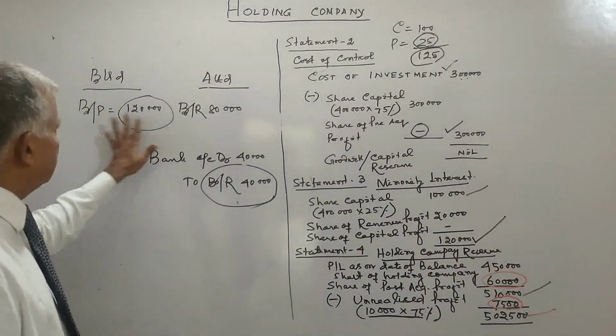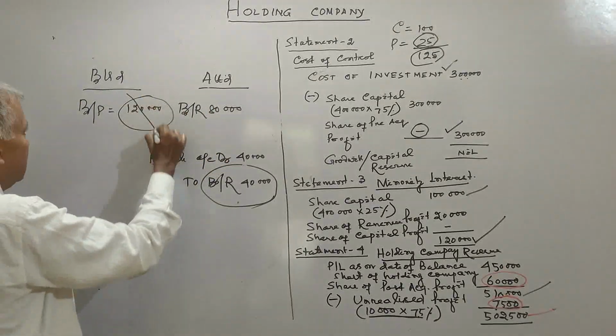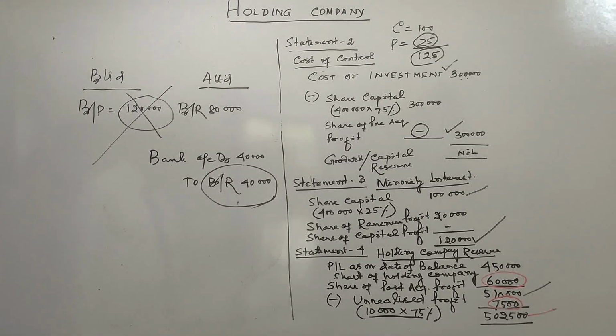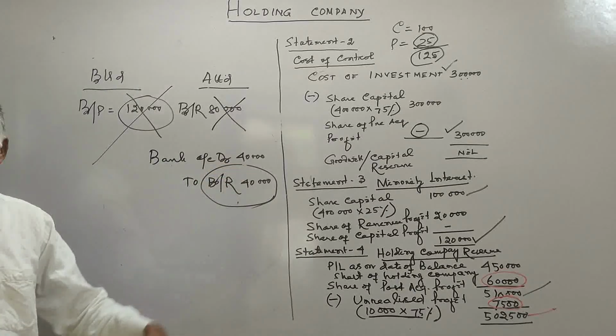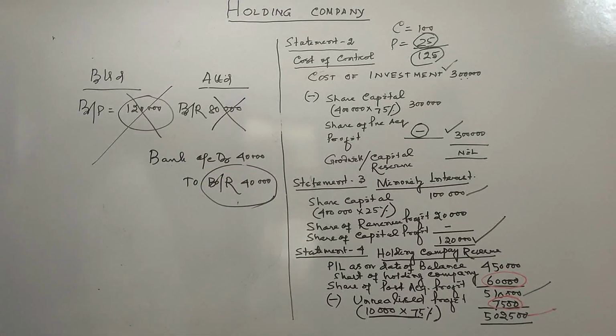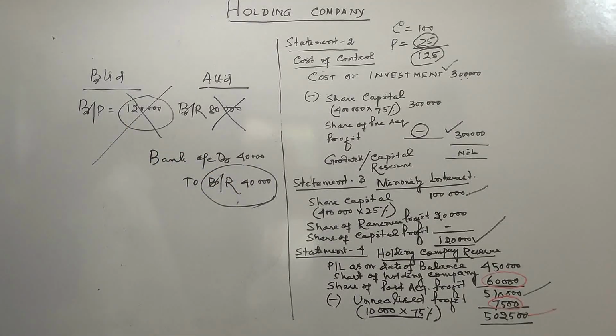So how to resolve this? These bills payable and bills receivable will be cancelled. Let us cancel 1,20,000 and 80,000. The remaining 40,000 is included in the bank and cash of holding company A Limited, where the balance with bank is 2,90,000. Out of that, 40,000 would be reduced for mutual acceptance.